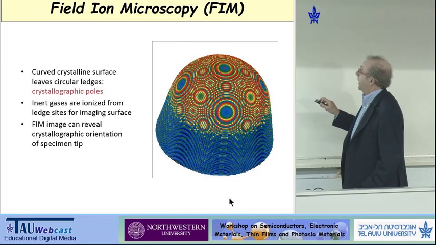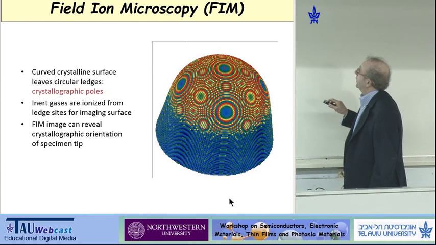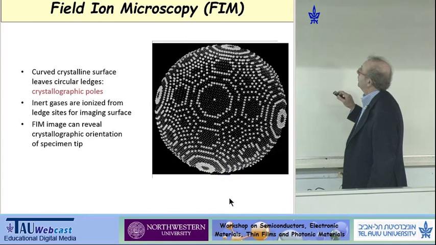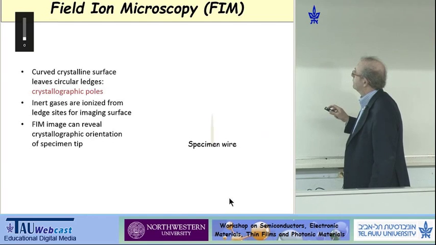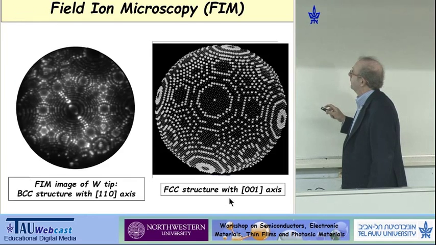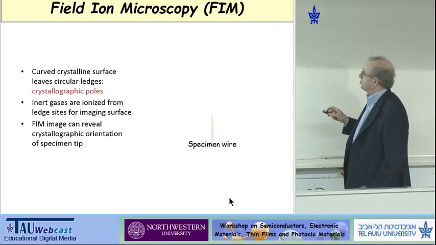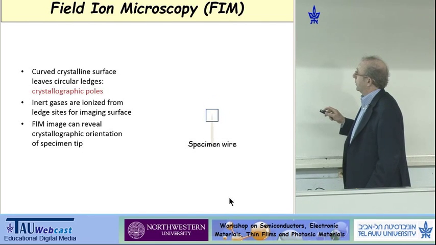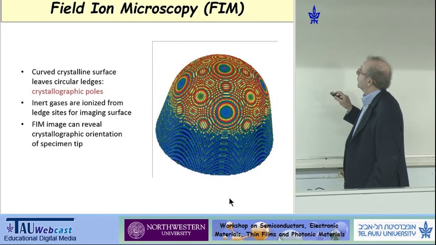Each spot corresponds to an atom, and the atoms that are in red are the ones that you see in a real image. If you look at a close packed plane, you can see almost all the atoms.